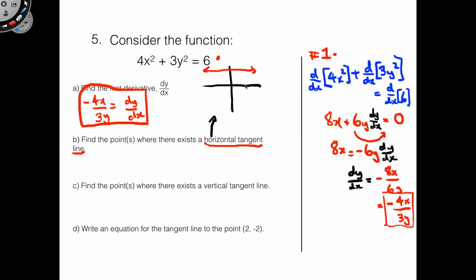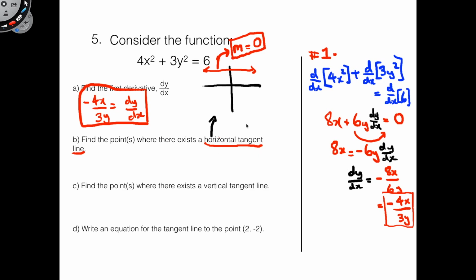Just look at this and tell me, what do you think would be the slope of that line? Well, it's not changing at all. So the y value is not changing at all, which implies that it's got a slope of 0, right? So that, my friends, is the defining feature of a horizontal line. It's got a slope of 0.